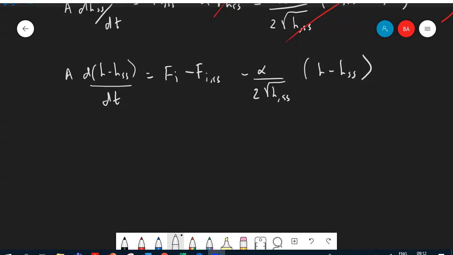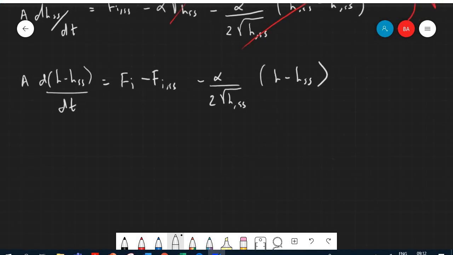And now I think we are about to take the Laplace, but before we do this, for the sake of notation and making things easier for our life, we are going to define something new. h minus h steady state, we want to represent this as h prime. It doesn't mean derivative, it just means the difference. And here we are also going to have fi minus fi at steady state.